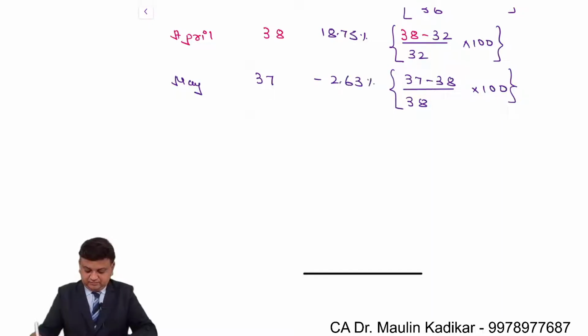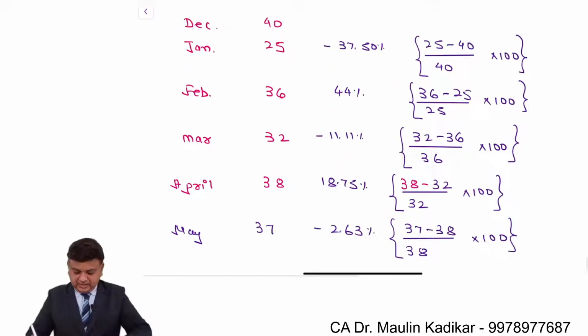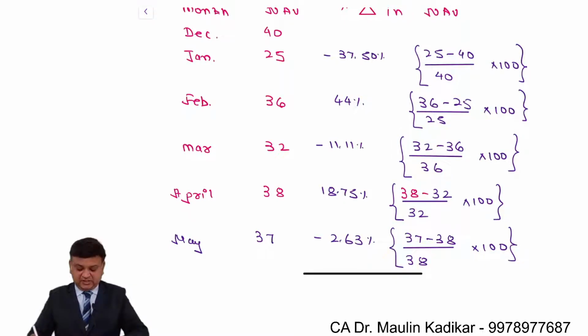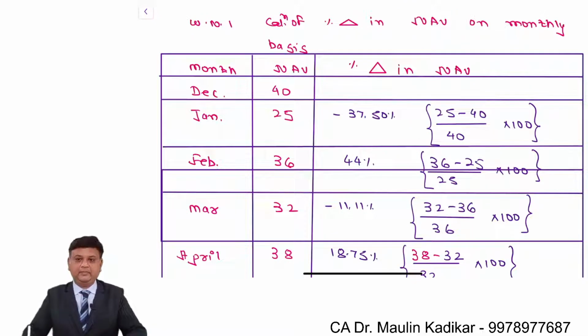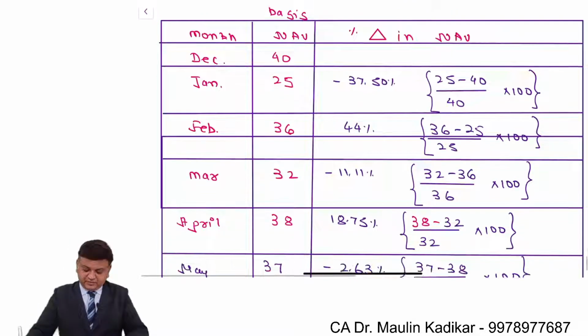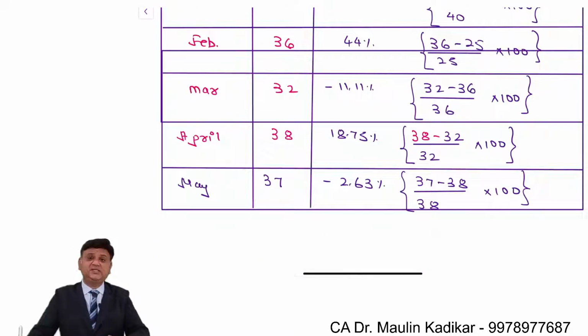That is negative. This is the way the percentage change in NAV is supposed to be calculated on a monthly basis. So this is the way we have computed the percentage change in NAV on a monthly basis.